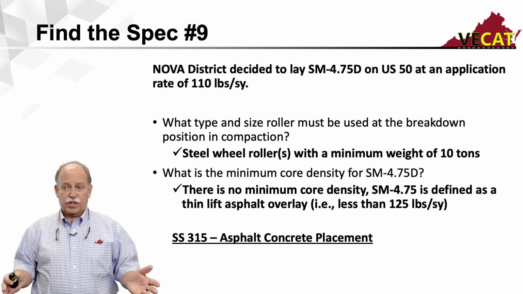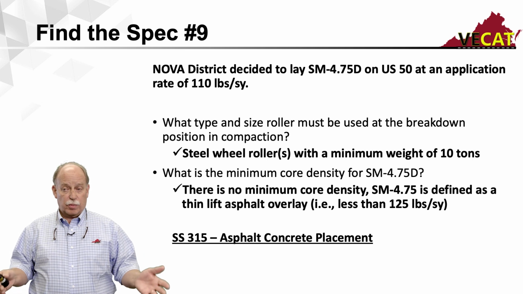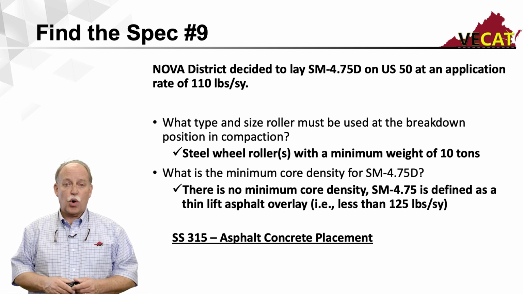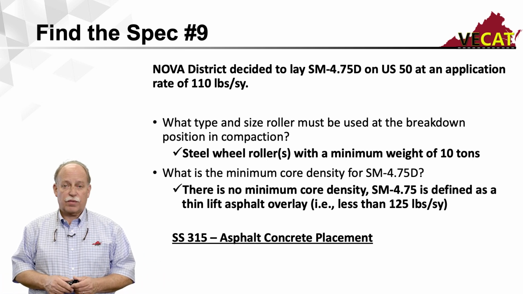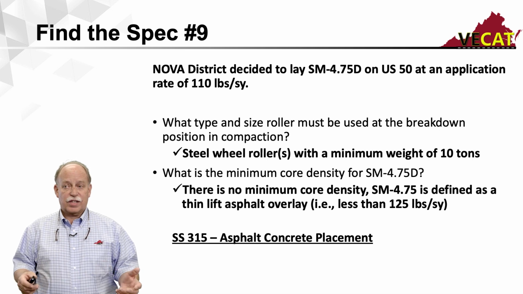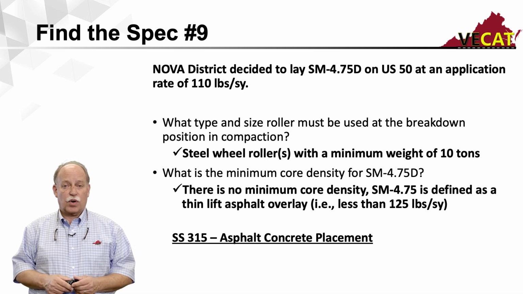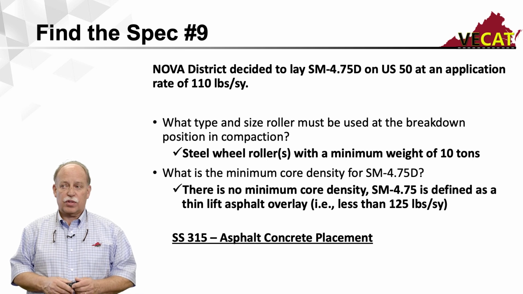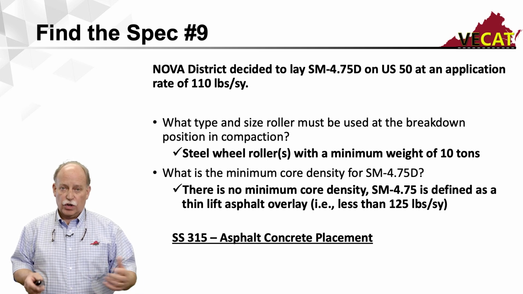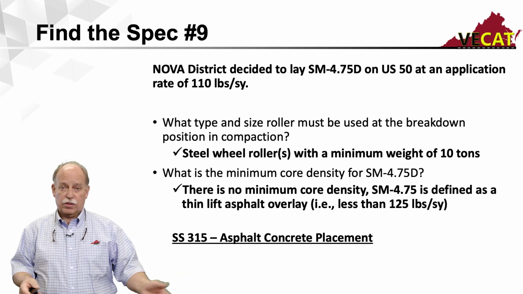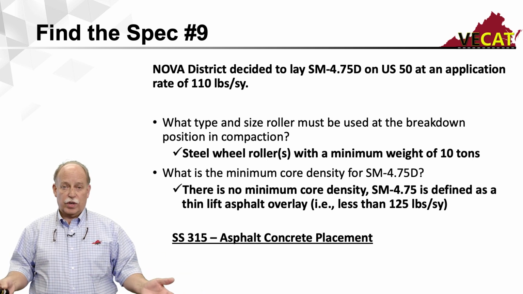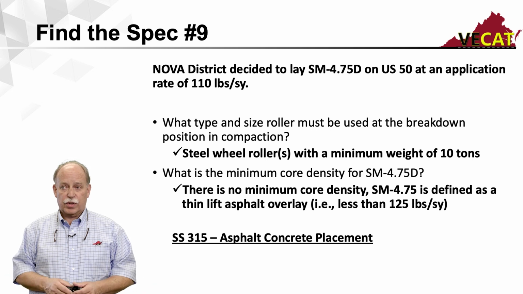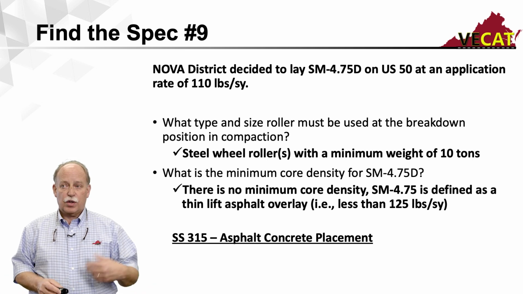You'll see when you look in supplemental section 315 that there is no minimum core density for SM 4.75, because it's defined as a thin lift asphalt overlay. It's less than 125 pounds per square yard. So if you're less than 125 pounds per square yard, in this case we were 110 pounds, then you do not do any core density testing. So in this case, no cores are taken. You have to do that minimum size roller.